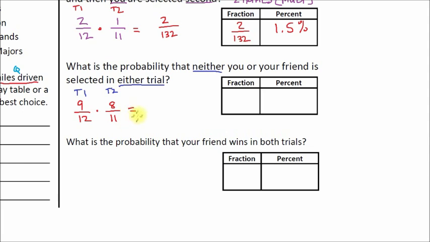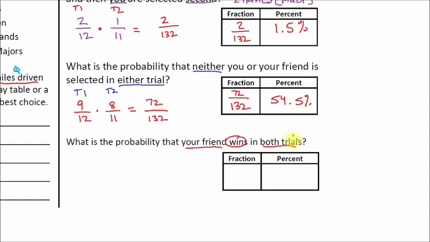So that means our fraction is now changed to 8 over 11. Multiply 9 times 8, and that's 72. Multiply 12 times 11, that's again 132. So our fraction is 72 out of 132. Divide that out and multiply by 100, and you got 54.5%.